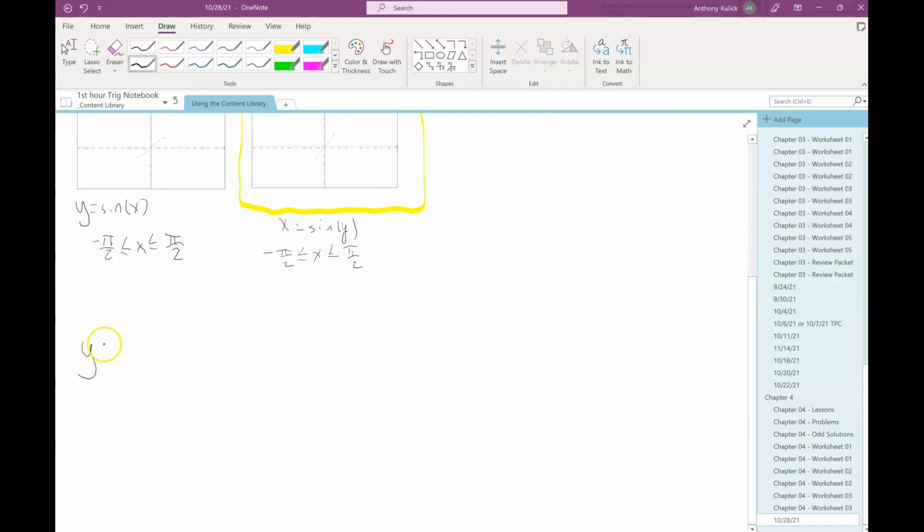So we're going to name this function sine inverse, and the notation we use is sine, and then we write the -1 exponent there of x. The domain for this function is -1 to +1. And the range for this function is -π/2 to +π/2.